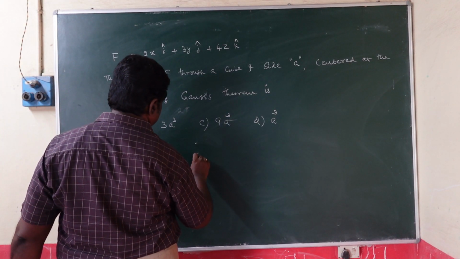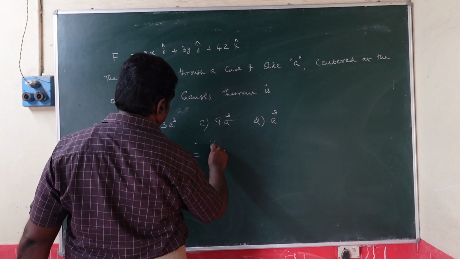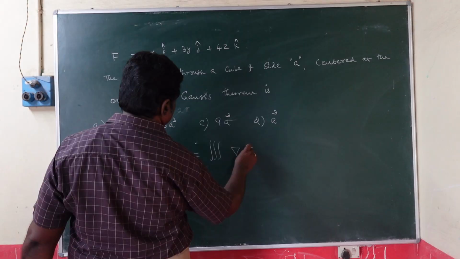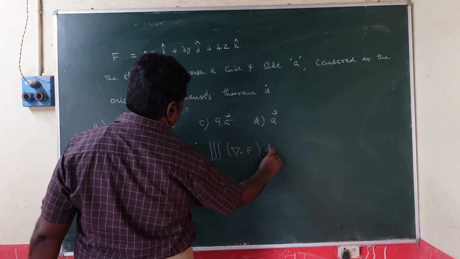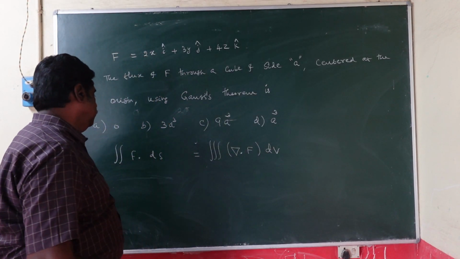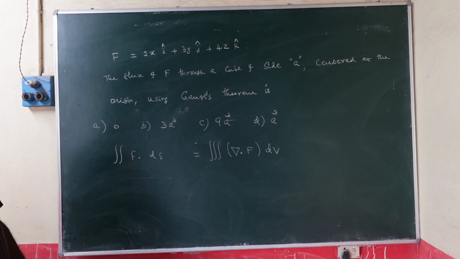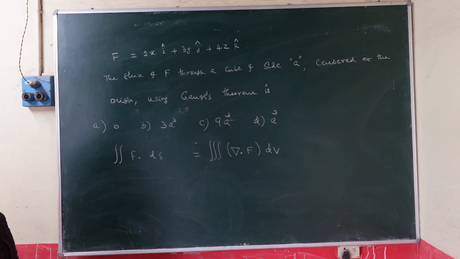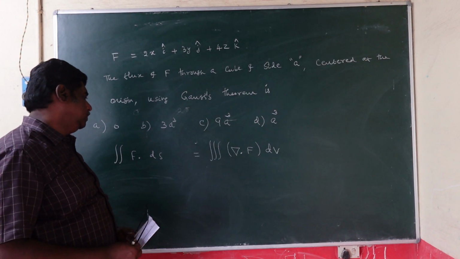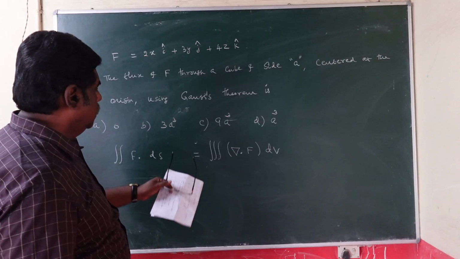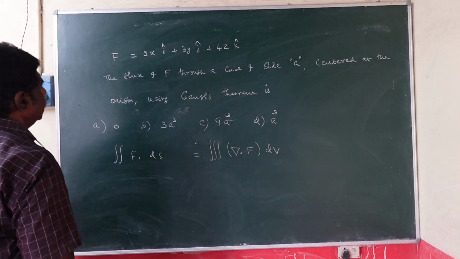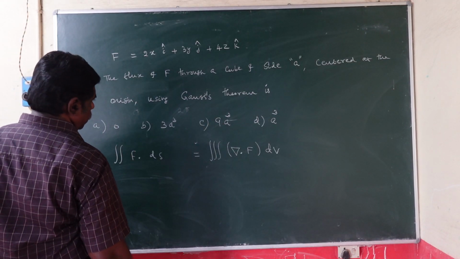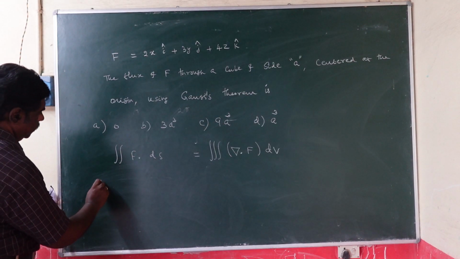F dot ds is equal to div F dv. Then F is known to you. We have to find out the value of div F.